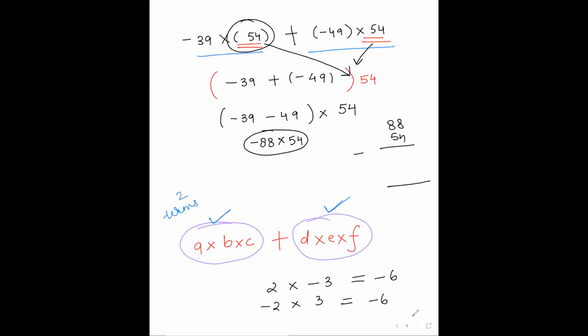Okay. Hiba, first tell me, if you have 2 multiplied by -1, can you write this as -2? Yes.